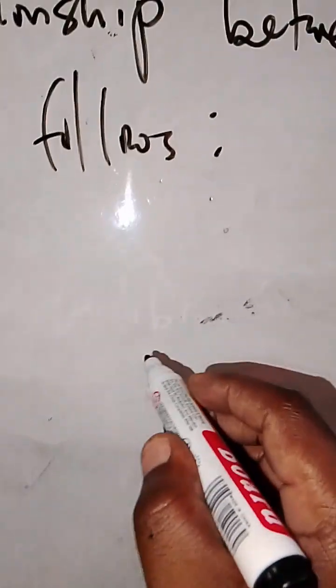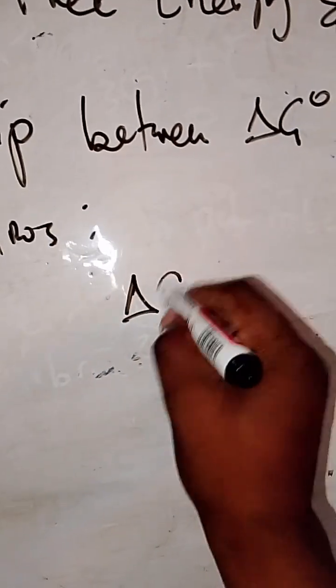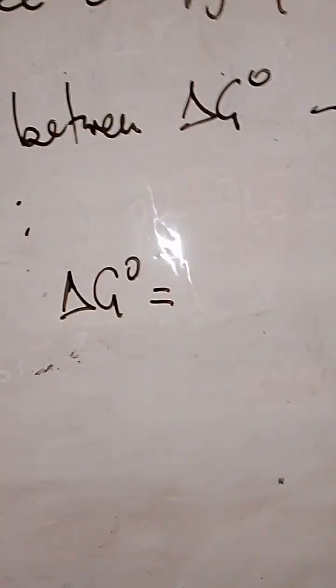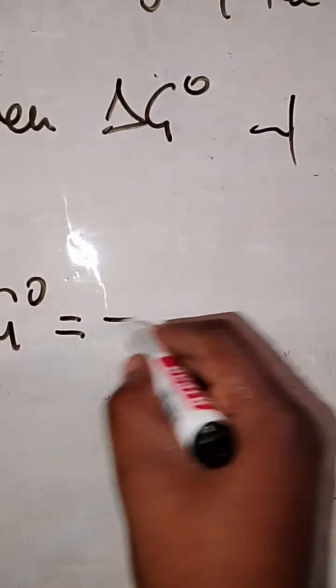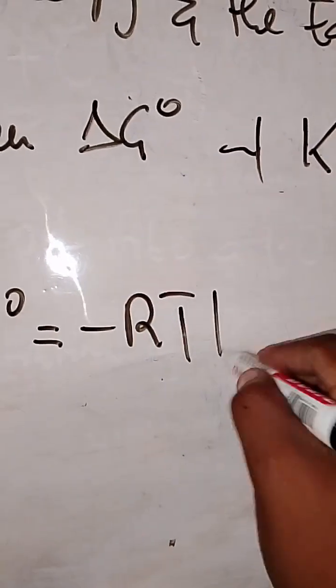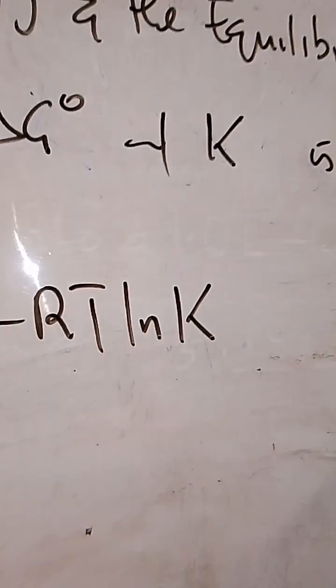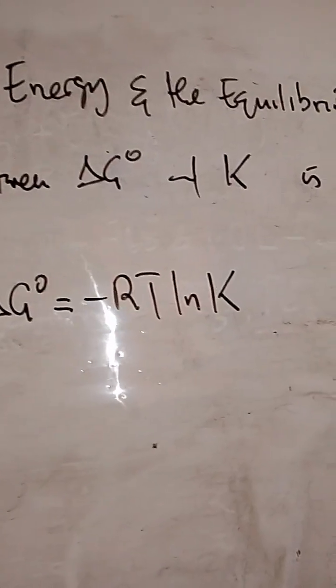Delta G is equal to minus RT ln K. So this is the relationship.